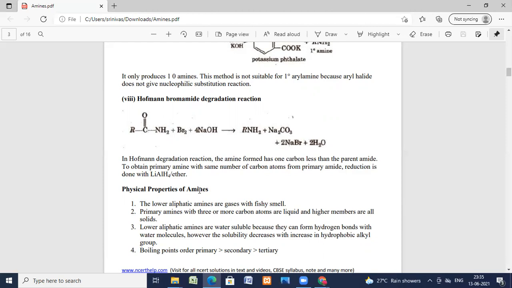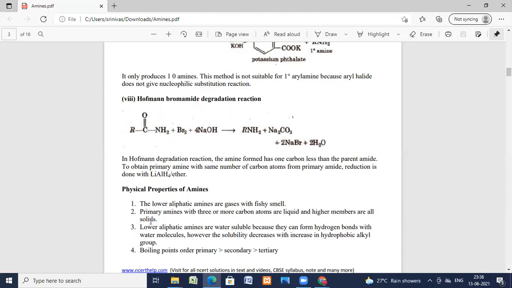So, physical properties of the amines. The lower aliphatic amines are gases with fishy smell. Primary amines with 3 or more carbon atoms are liquids, and the higher members are all solids.